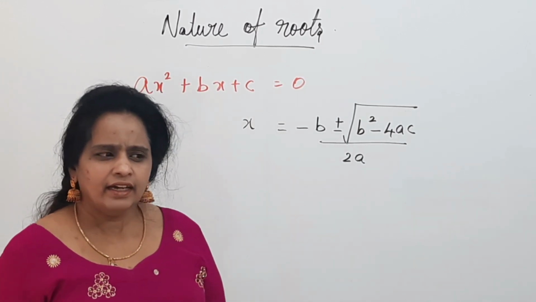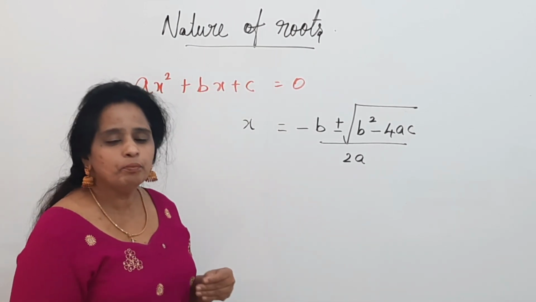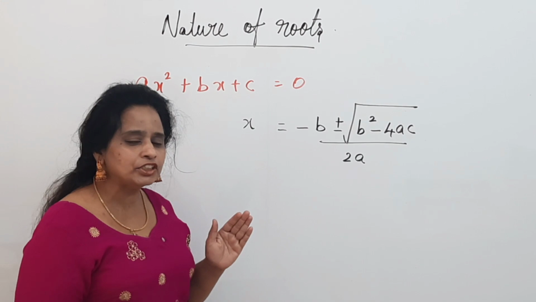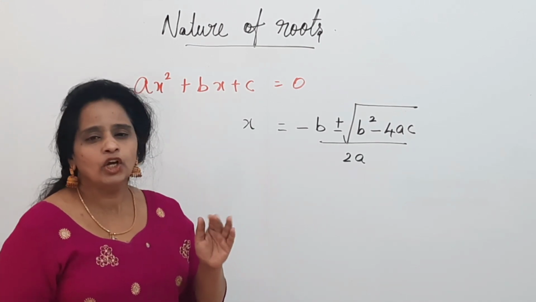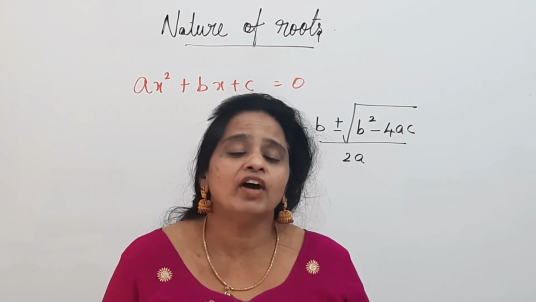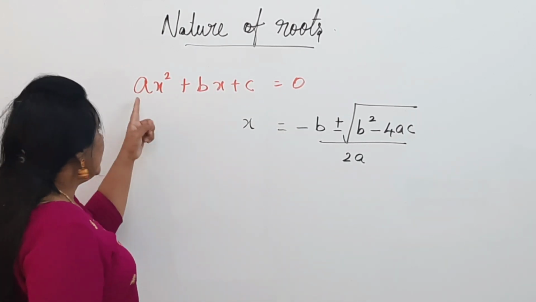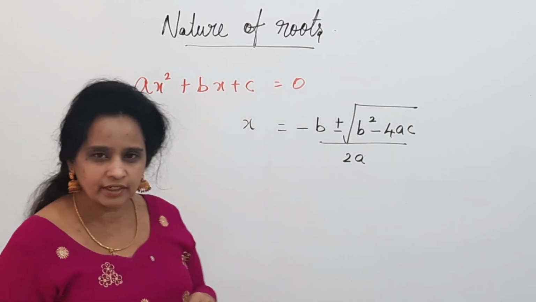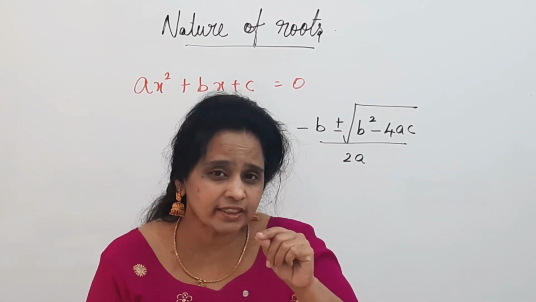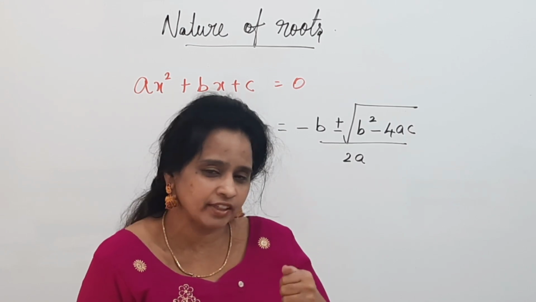We have to understand the importance of framing the equation. The importance is to find the value of x. That means to find the solution, to find the roots of this equation. And we are already told a, b, c are real numbers. That means x also must take a value so that we get a solution for that equation.